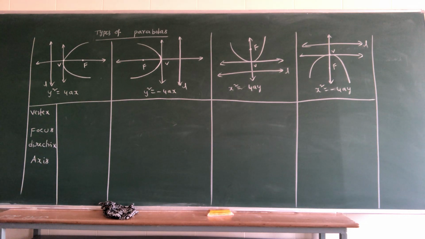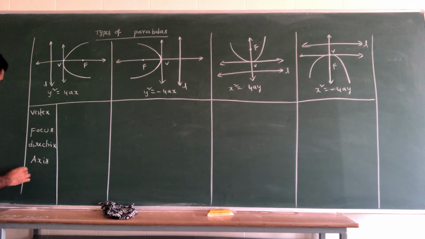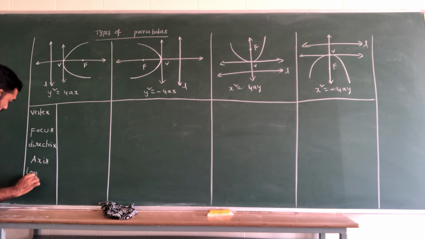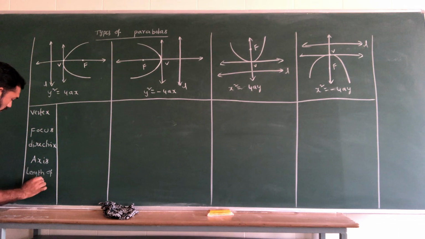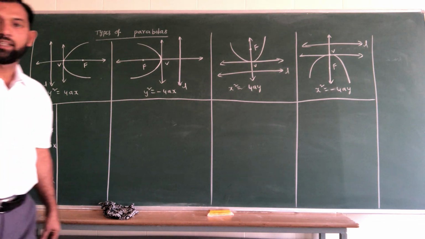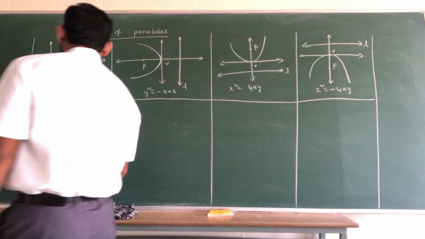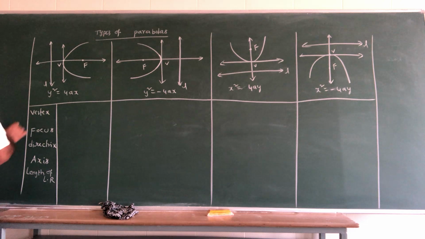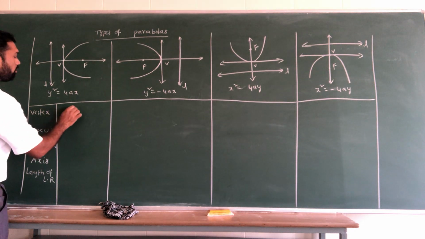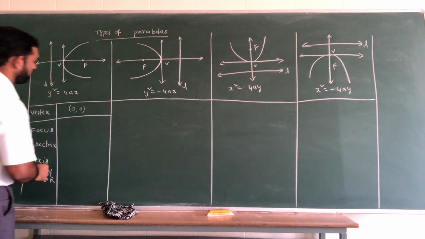Next point, length of the latus rectum. LR means latus rectum. You see in this first diagram, what is the vertex? Vertex is 0, 0.